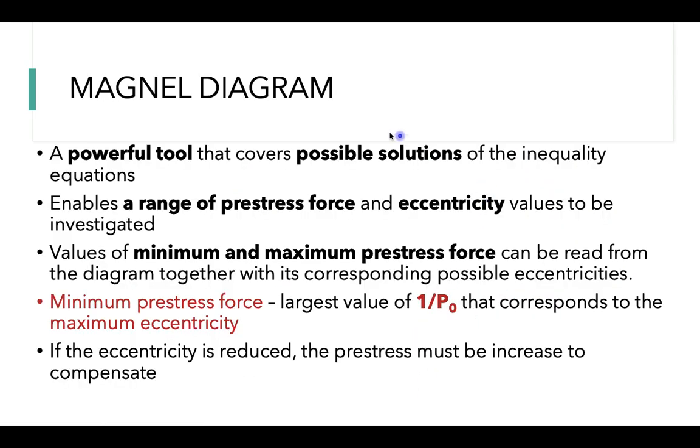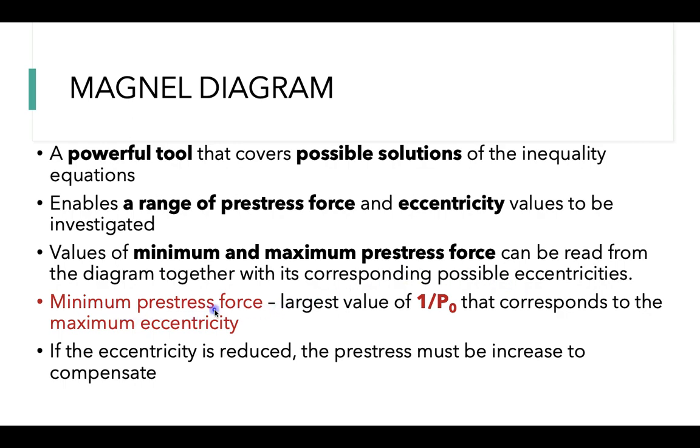A Magnel diagram is a powerful tool that covers possible solutions of the inequality equations. So it enables a range of pre-stress force and eccentricity values to be investigated. Values of minimum and maximum pre-stress force can be read from the diagram together with its corresponding possible eccentricities.